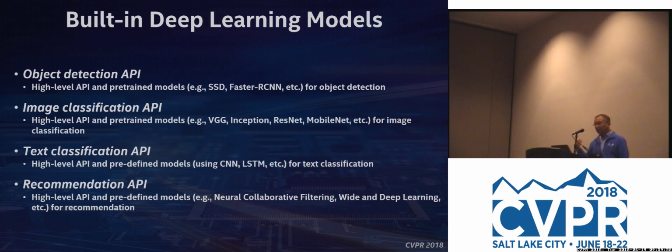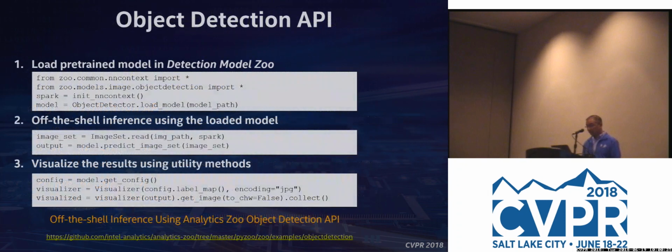There are a lot of use cases on Spark which process structured data, your transaction log, your history log, and recommendation turns out to be a very popular use case. And we provide 2 models. One is neural collaborative filtering. The other one is wide and deep learning for people to use for recommendation.